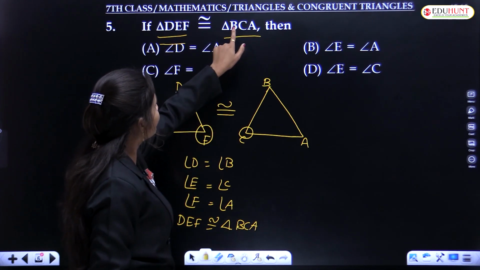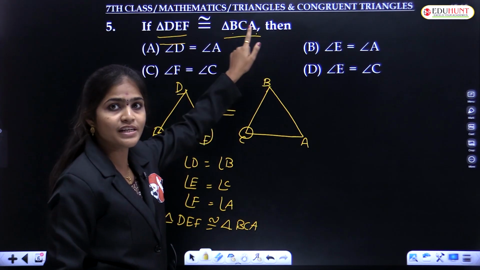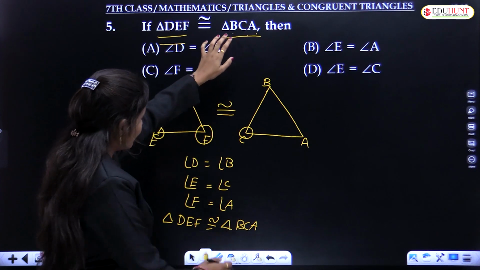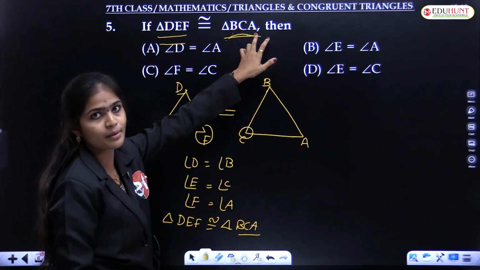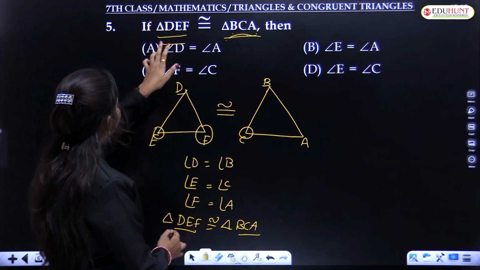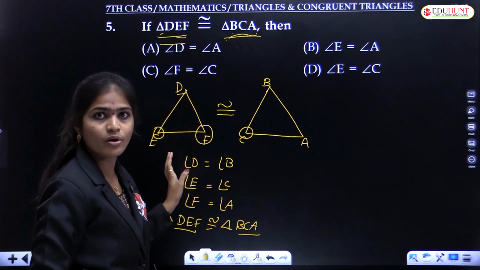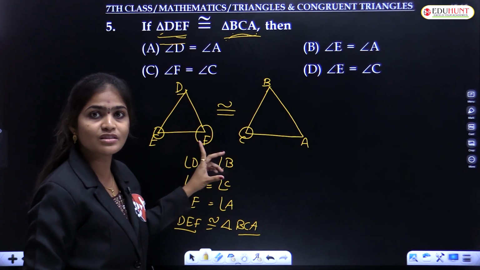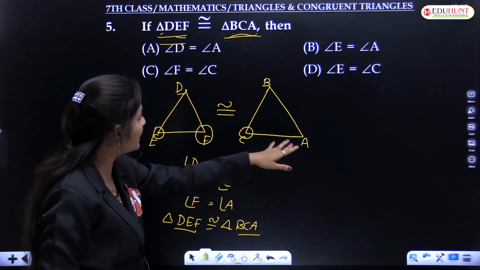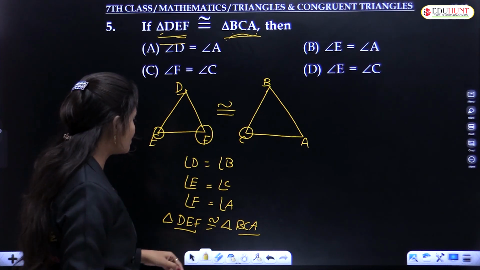Here they also gave BCA. Is there any difference in the order? Here we got BCA and here also BCA, and here DEF and here also DEF. There is no change in the order. If there is a change in the order, then you have to change the vertex names also.